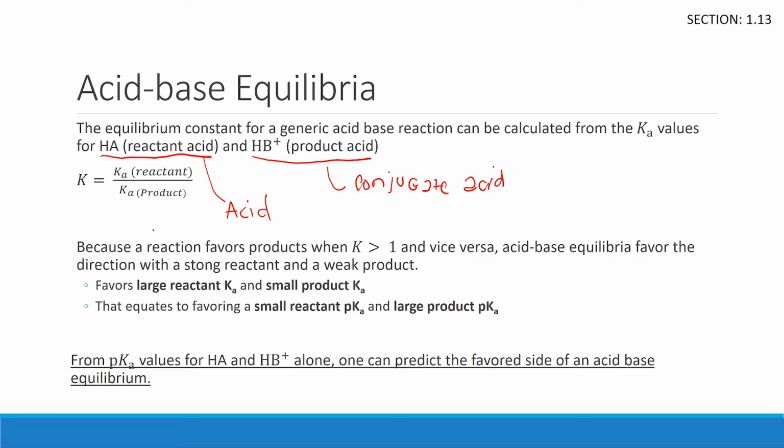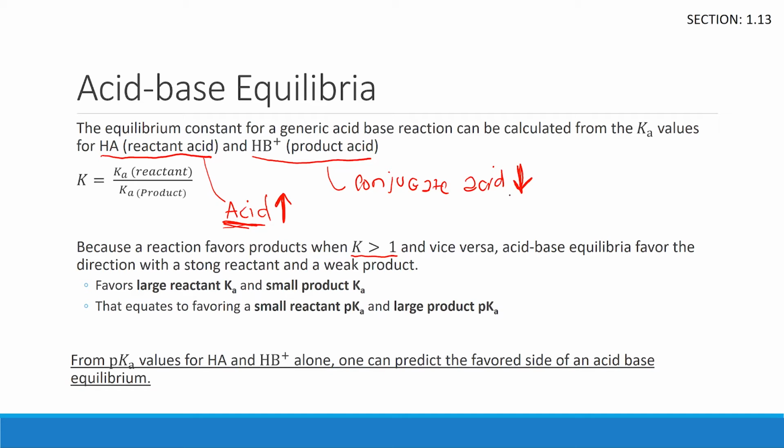The reaction is going to favor the product, so it's going to be driven towards a product when our K is greater than 1. That means that the Ka of the reactant, the acid, is stronger, it's bigger than the conjugate acid that forms. That's the situation we want in which to drive it towards the products.